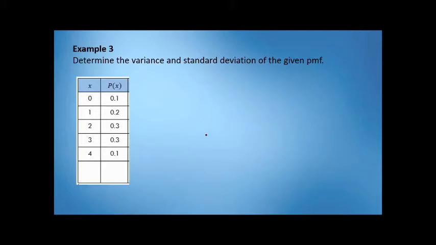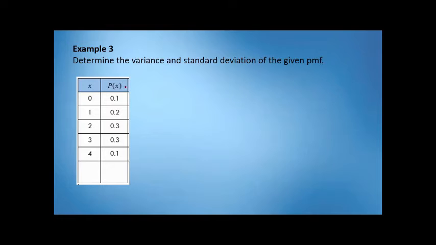Again, determine the variance and standard deviation of the given PMF. But just because only the variance and standard deviation are asked, it doesn't mean we skip the mean. We first get the mean before computing the variance and standard deviation. We have the given. The first column is the values of x: 0, 1, 2, 3, and 4.